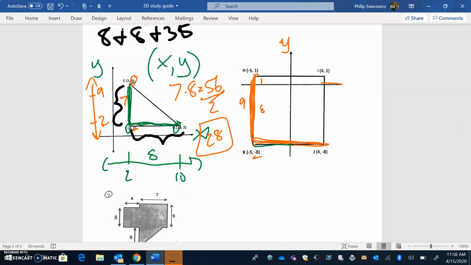So left to right, x, which means I'm using the -5 and we're using the 4. So if we're trying to figure out how far it is from -5 all the way to 4, again, you could count, or what you could simply do is, hey, it's 5 to get from -5 to 0. It's 4 to get from 0 to 4. So the entire distance is a 9. So 9 times 9, hello, 81.